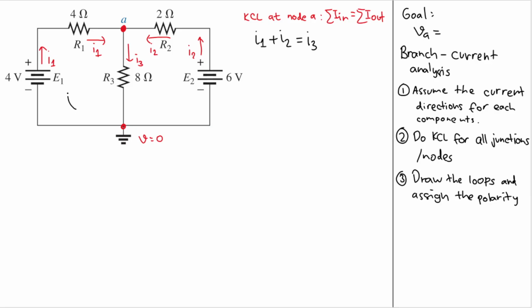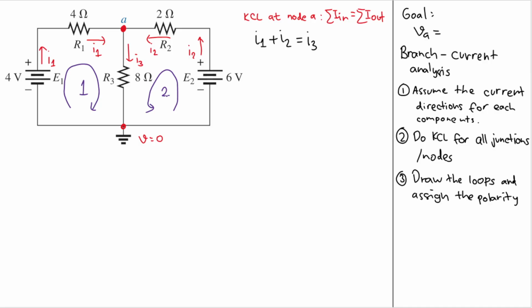So this is our loop here. I will assume it goes clockwise in this loop. Let's name this loop 1. Then, because we assume that current I2 is given by the 6-volt battery, I will make this loop counterclockwise like this. So this is loop number 2.